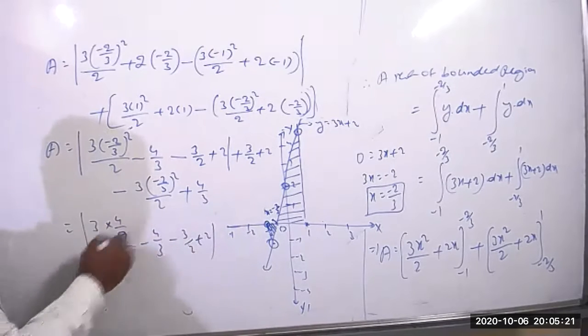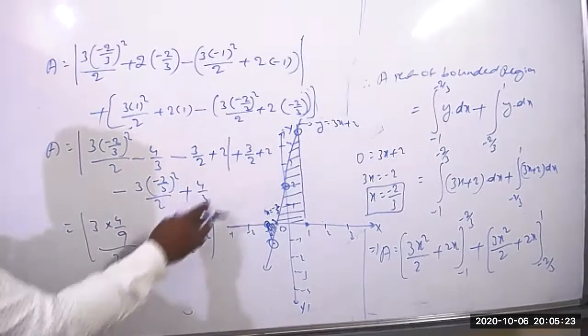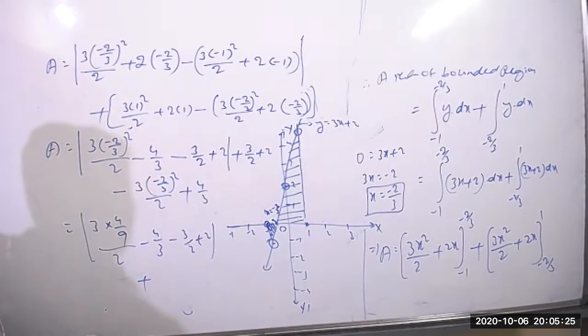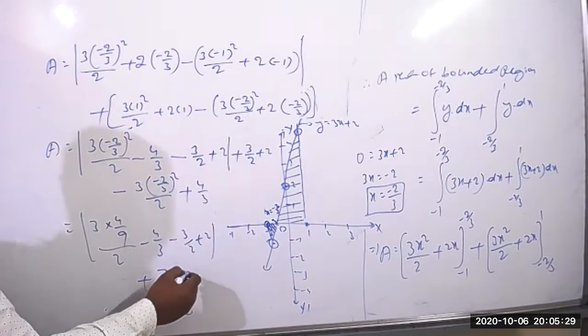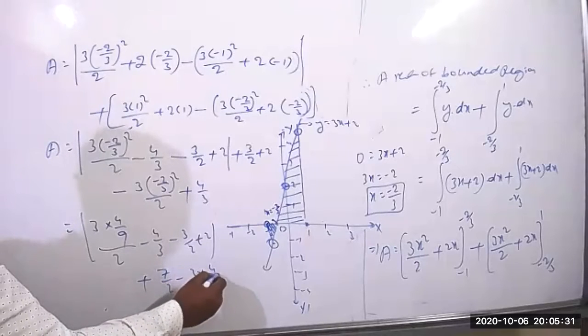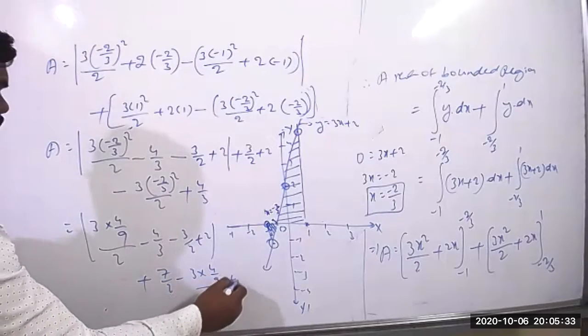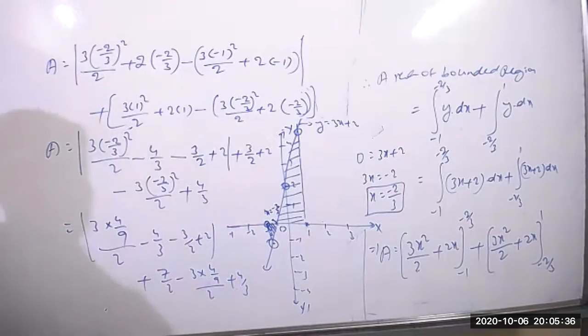And this value can be written as the same thing, plus 3 by 2 plus 2. With 2 as the LCM, that is 7 by 2, minus 3 into 4 by 9 whole by 2, plus 4 by 3. Simplify it.